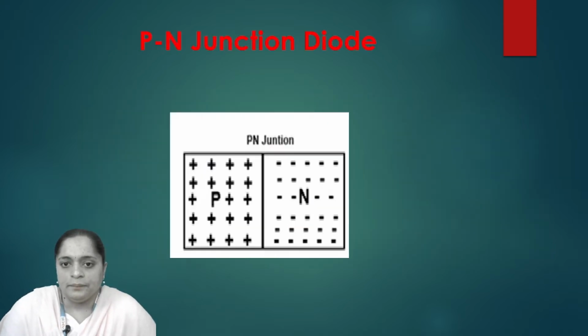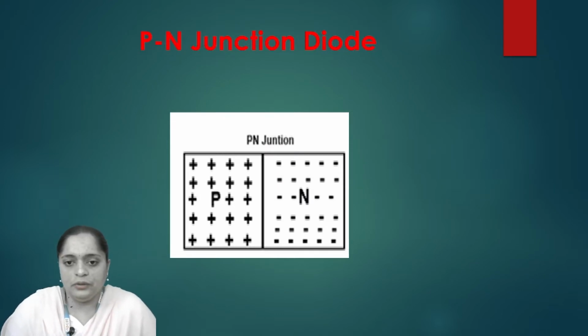Next point, the PN junction diode. If we are going to deal with a diode, it consists of two terminals. The first one is the anode, the second one is the cathode. Regarding the abbreviations, the anode is represented by a positive sign, or we also call it the p-type semiconductor material, or we can represent it with holes.